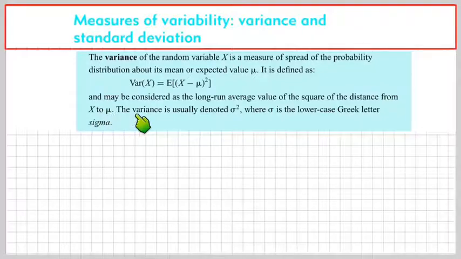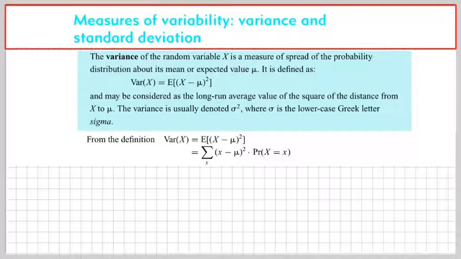The variance is usually denoted sigma squared, where sigma is the lowercase Greek letter. The capital sigma is the big looking symbol we use for the sum of, and you'll see that in a moment.